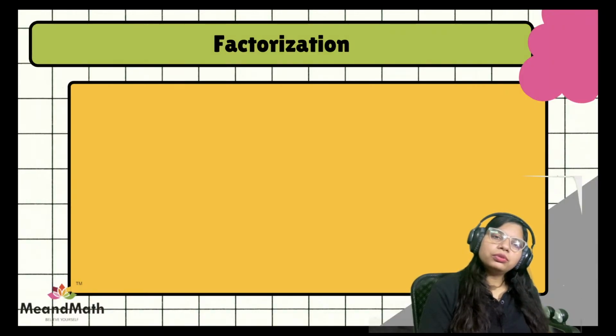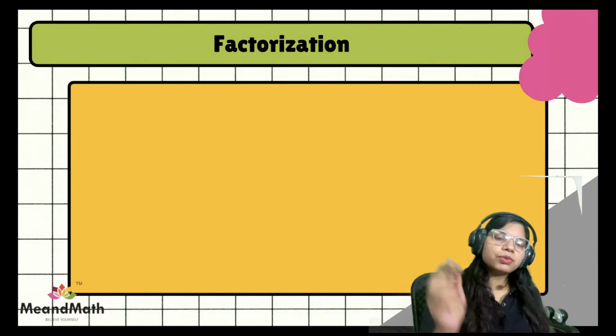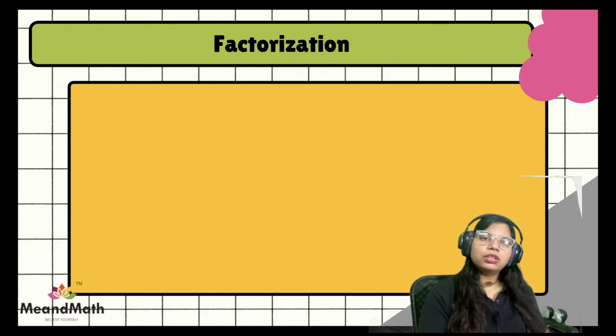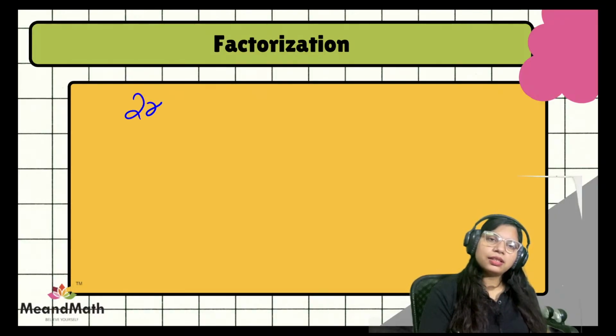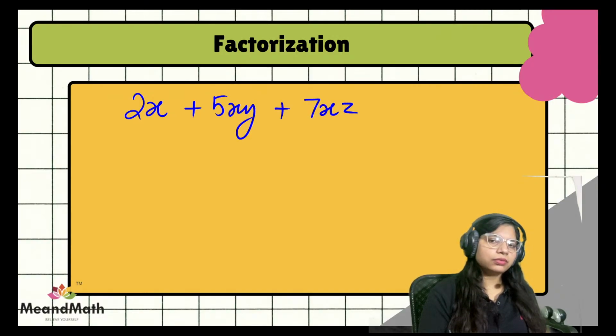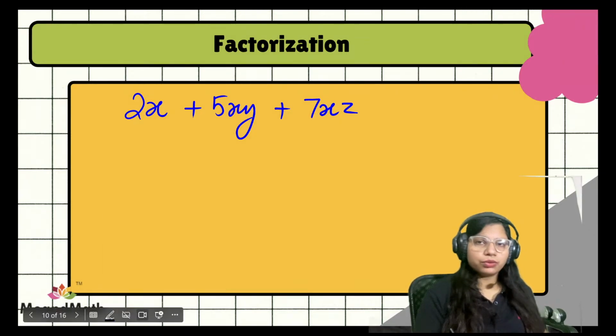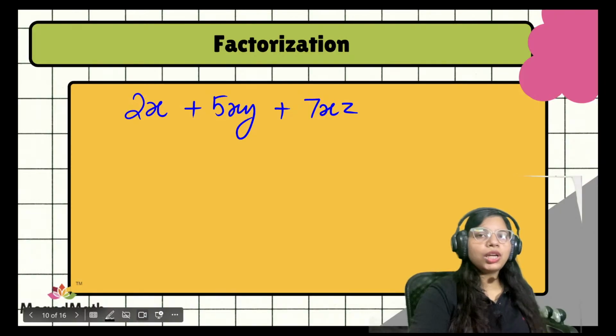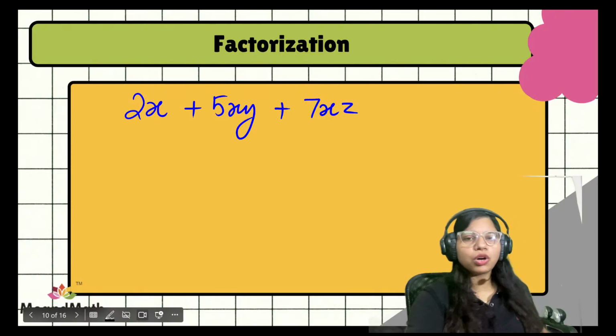Now let me change the terms. If I give you 3 terms here, say for example 2x plus 5xy plus 7xz, and you have to factorize this. That means take common out. How will you do that? What is the common variable here?